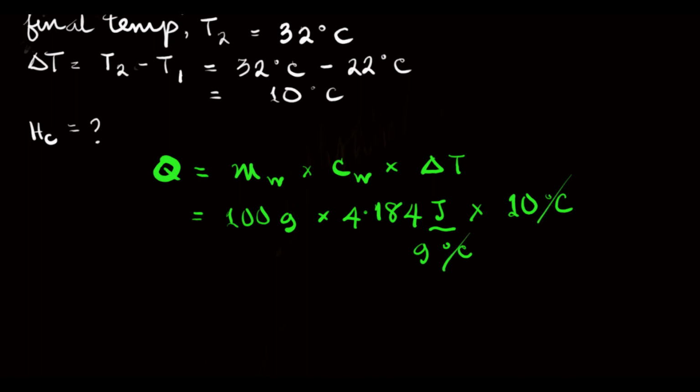So the grams and degrees Celsius cancel. We obtain 4,184 joules as the heat released by the methanol, which was used to raise the temperature of the water. From mass over molar mass, we'll calculate the number of moles of methanol.